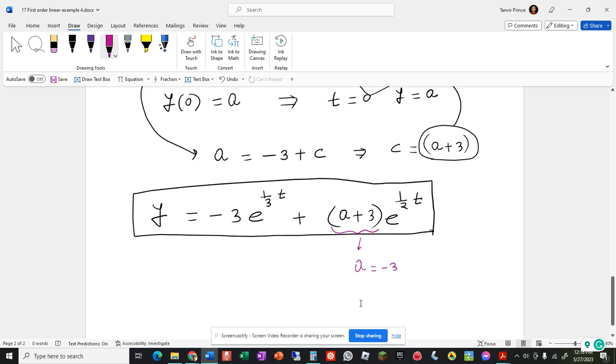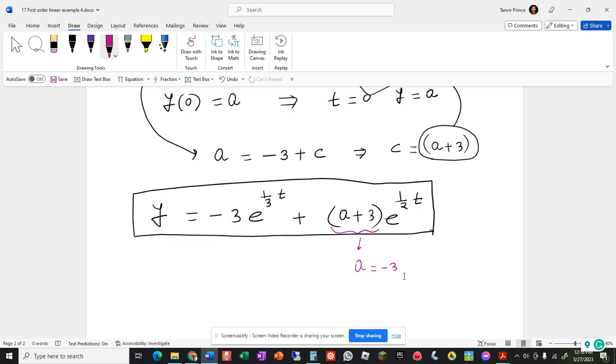So there may be something going on when a is bigger than negative 3 and when a is less than negative 3. We might expect different types of behavior. So let's check our intuition and see if that is exactly the case.